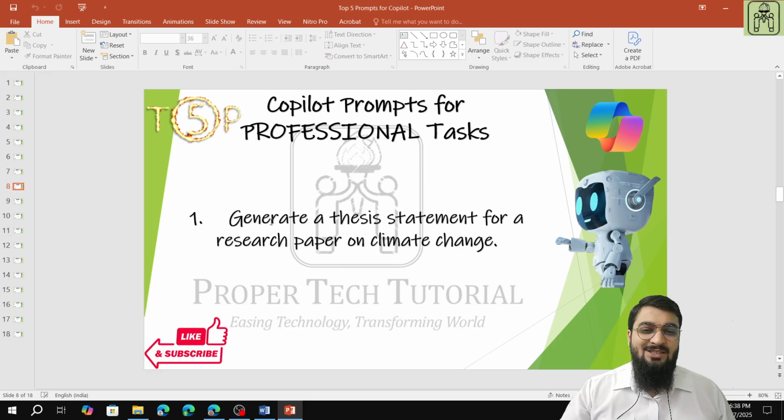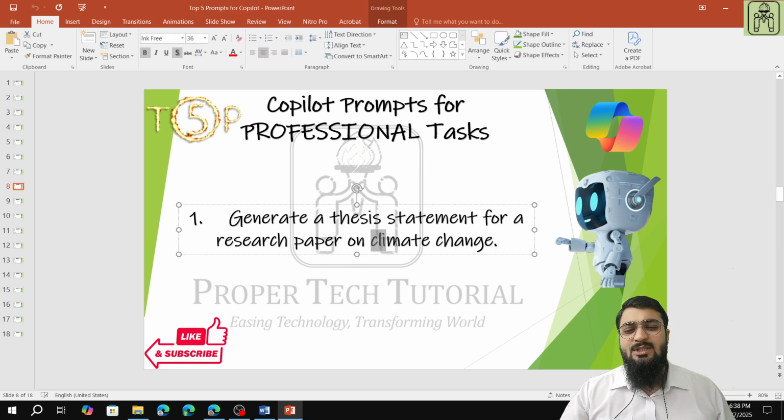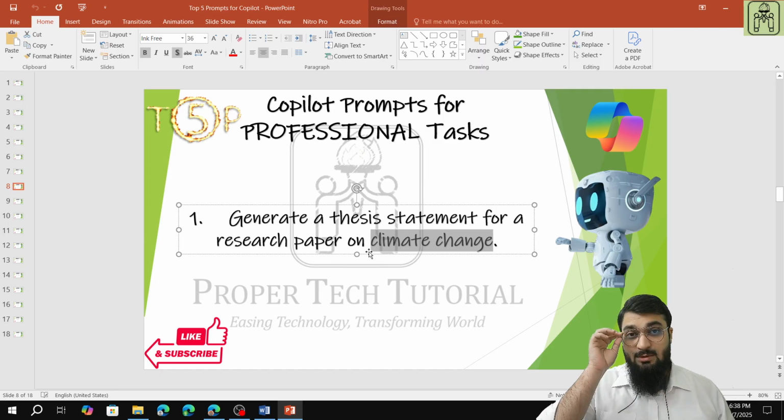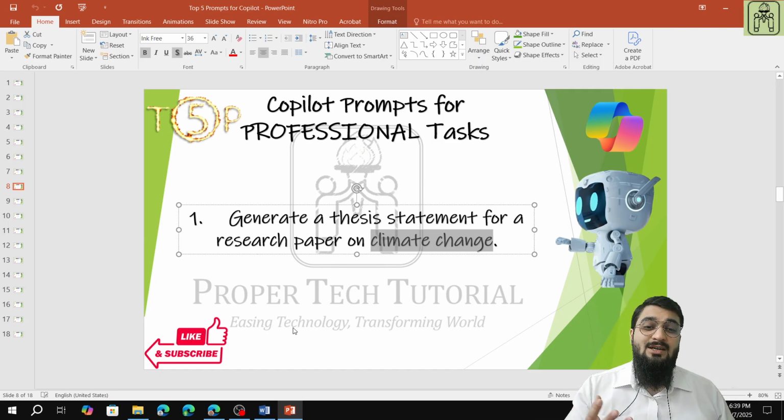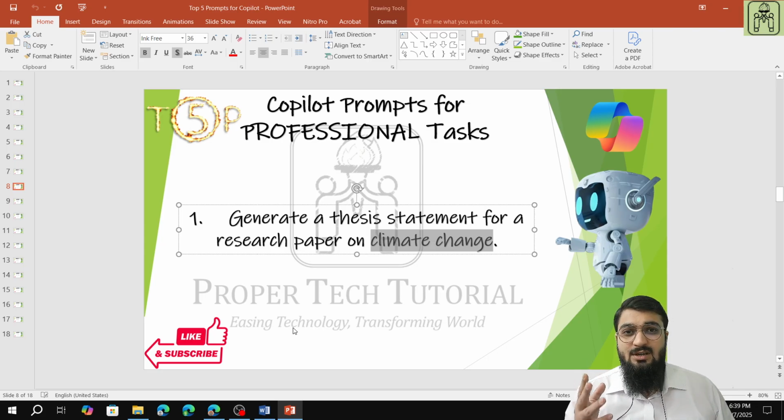First is, generate a thesis statement for a research paper on climate change. Climate change is only a subject example. You can write any other topic which you like, such as the flexible manufacturing system, metal cutting tools like lathe, shaper, milling, API calls, or the effect of AI on the employment rate.